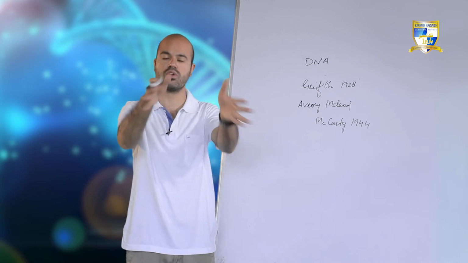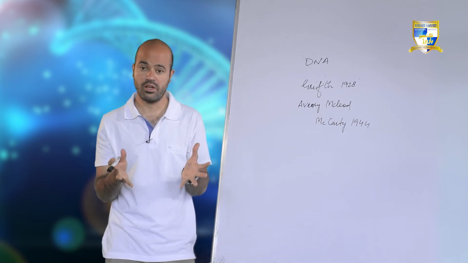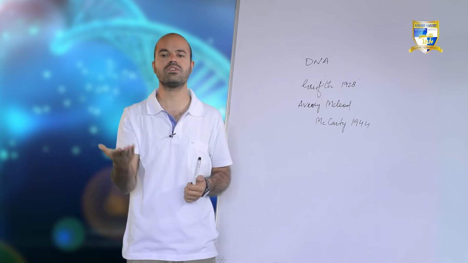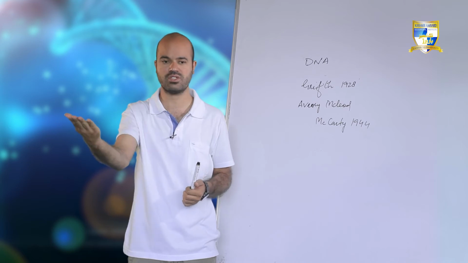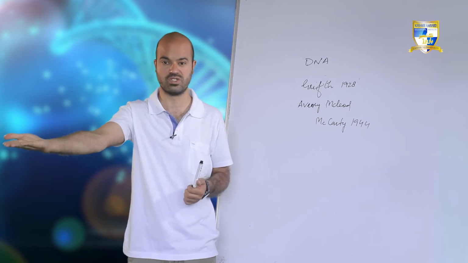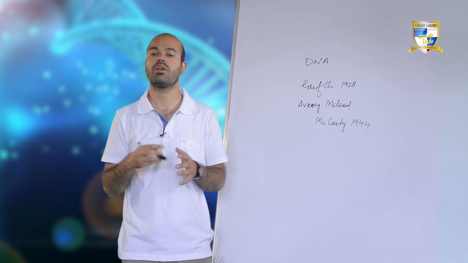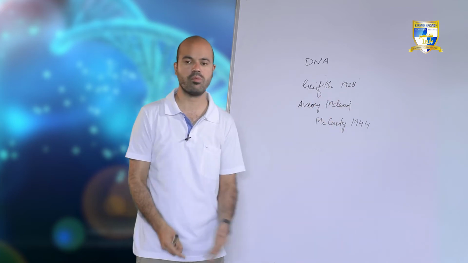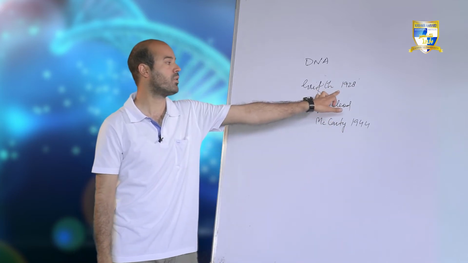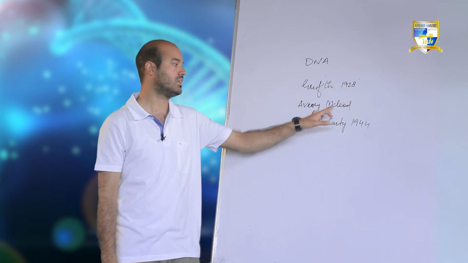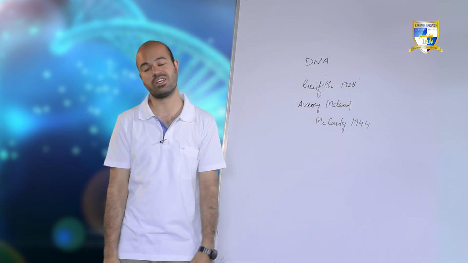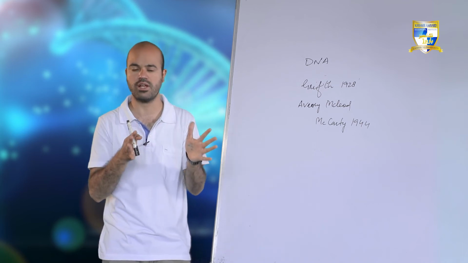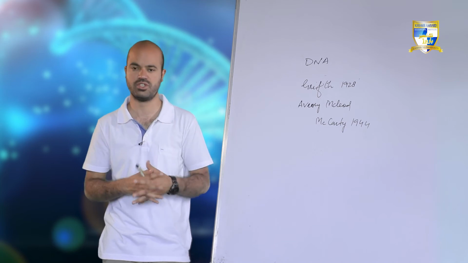Even in our cells there is also RNA. But how do you prove that it's only DNA that is transferred from one generation to another through reproduction? The proof was given by Griffith in 1928 as well as Avery, MacLeod and McCarty in 1944, who experimentally proved that it's actually DNA that is transmitted from one generation to another.